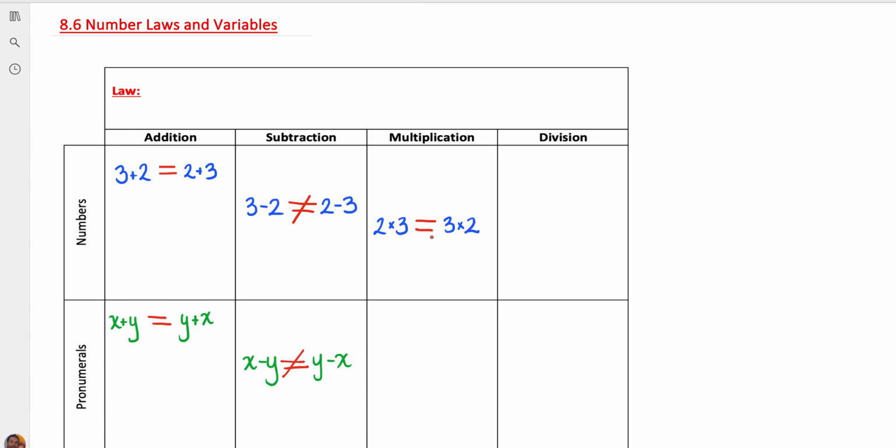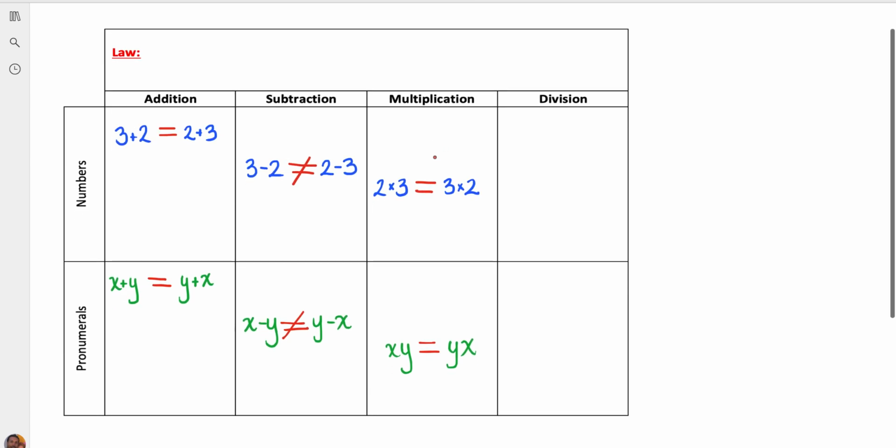So yes, they are the same. If they're the same with numbers, they're also going to be the same with pronumerals. So xy is going to be equal to yx. I'm hoping that you're doing in your notes exactly the same table that I'm doing here.